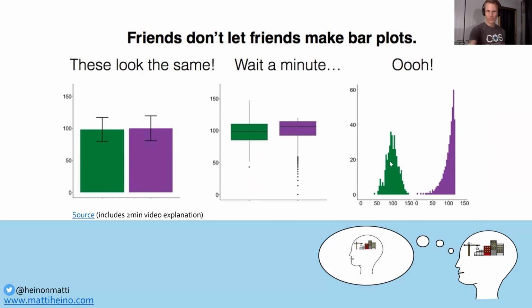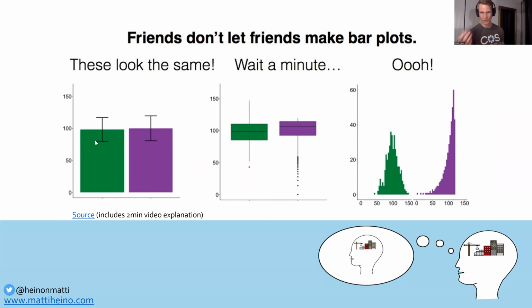But when you plot the histogram, you see something that reveals what the data is all about. In this case, there are a lot of high observations and then a few people who are close to 0, and in this case, everyone is centered around 100, which produces the same plot.